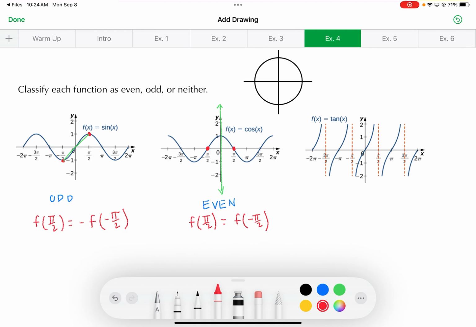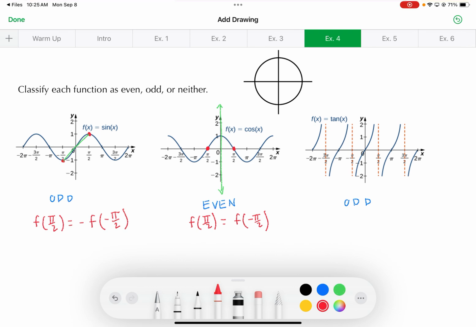All right, so then what about the tangent function? Even, odd, or neither? What do you think? Just by looking at the graph, you should be able to tell. Odd. Symmetry with the origin again, right? Okay, now some critical values you may want to look at. A good value for tangent is pi over 4, 45 degrees.